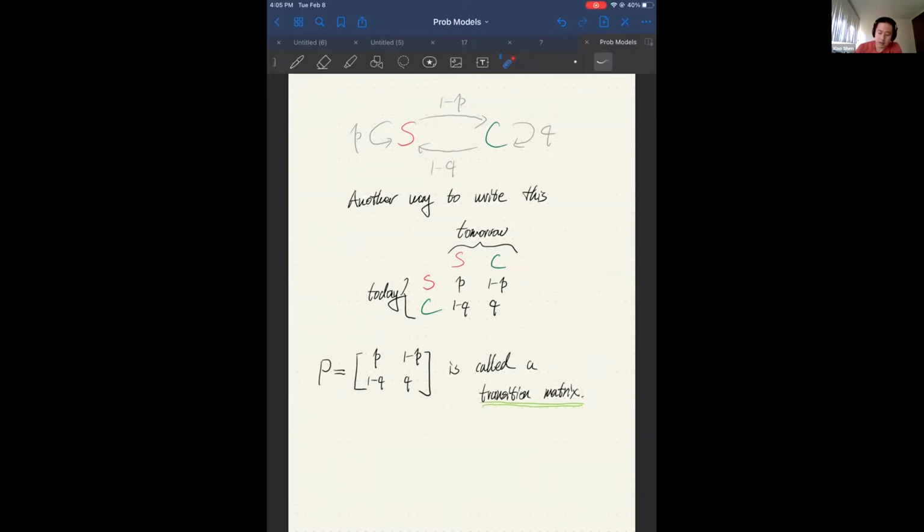You can think of this matrix more like a table. On the vertical side here, we have S and C, which is the weather today.